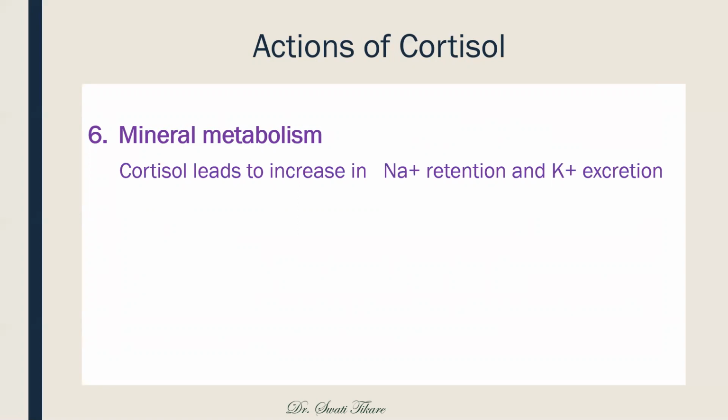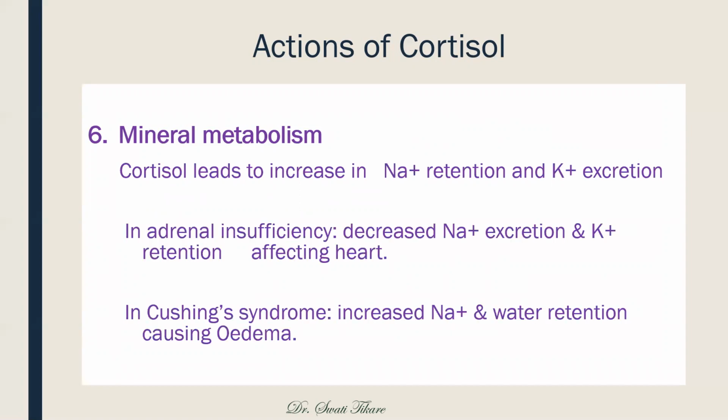If you can recall, in our case study, we had a normal sodium level of 140 and the potassium level had decreased. Instead of being 4.5, it was 3. Okay, so this is what is causing more potassium excretion.